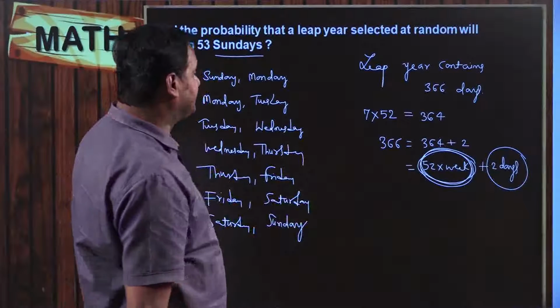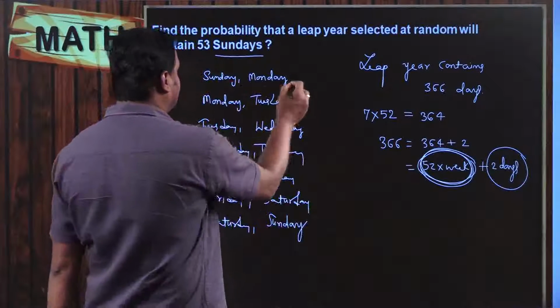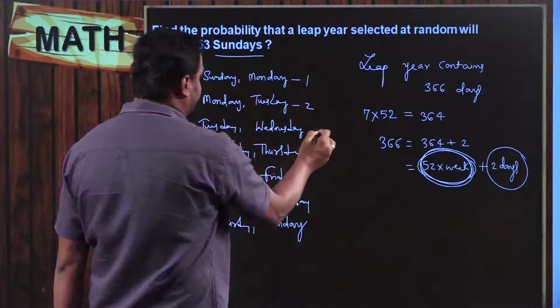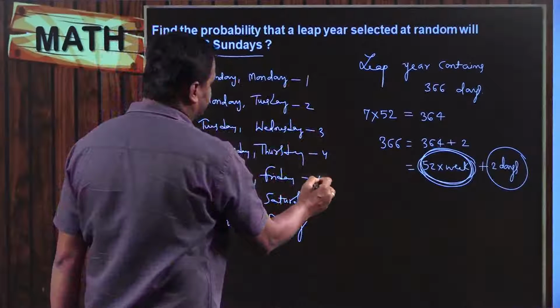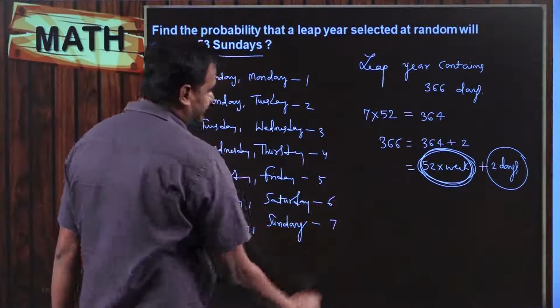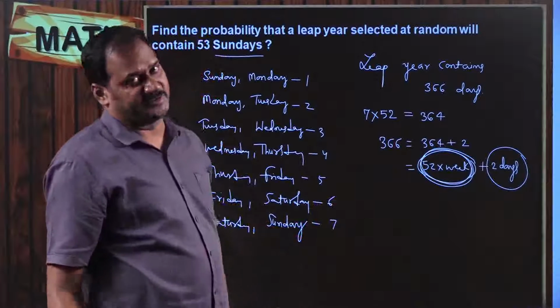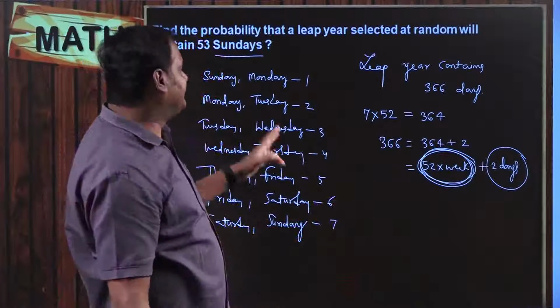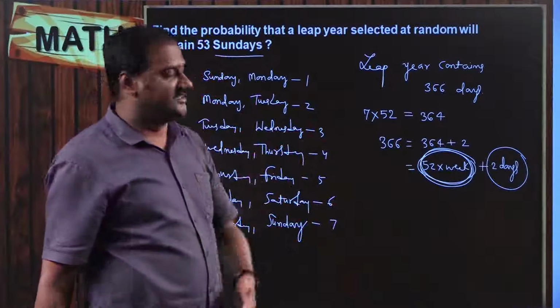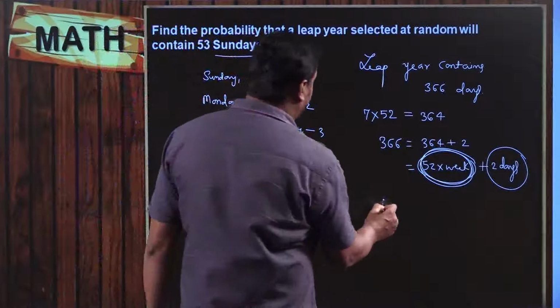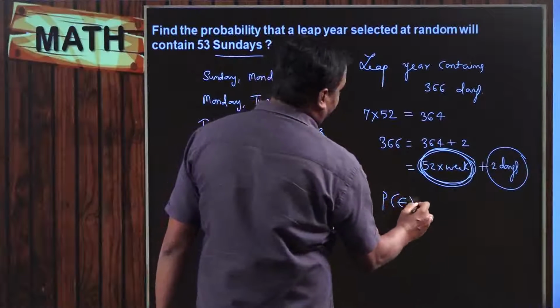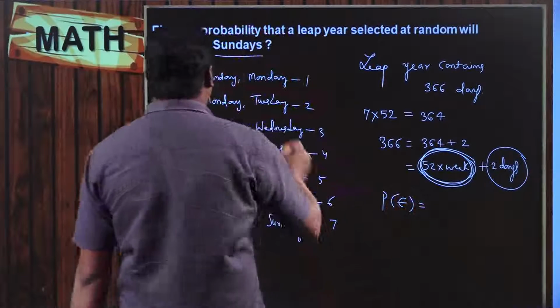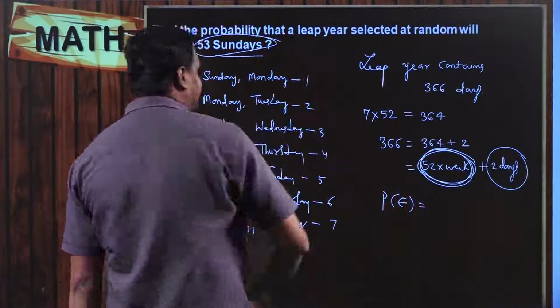How many possibilities are there? This is the first possibility, second, third, 4, 5, 6, 7. So there are only 7 possibilities, out of the 2 days remaining. So what is the event here whose probability we want? That event is getting 53 Sundays.